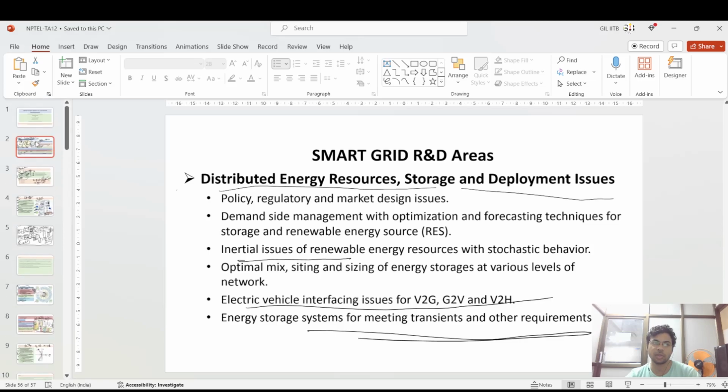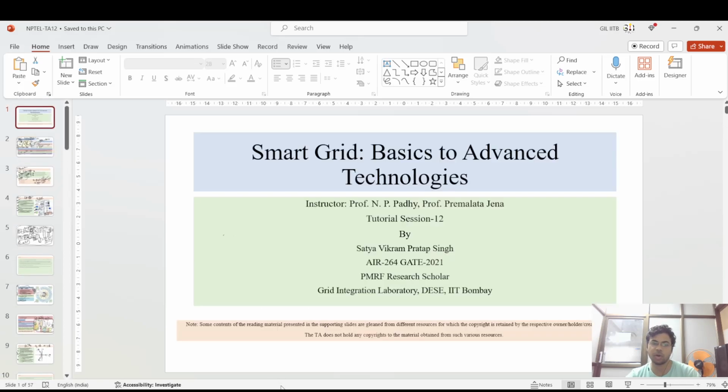So these are the main R&D areas coming into modern power systems and modern smart grid infrastructure.